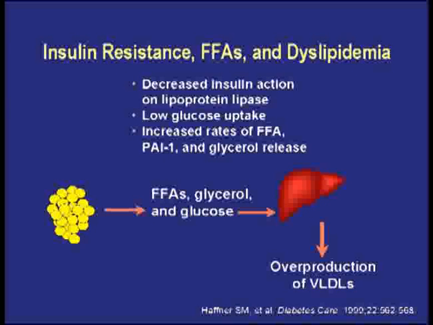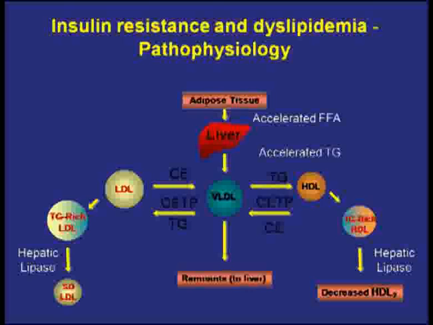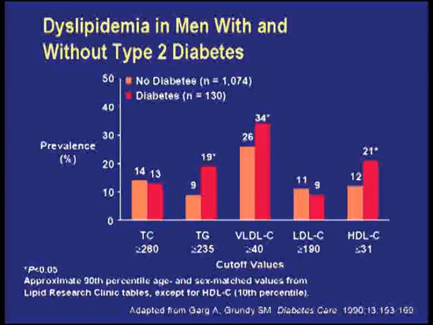Insulin resistance leads to fatty acid mobilization and dyslipidemia: decreased insulin action on lipoprotein lipase, low glucose uptake, increased rates of free fatty acid, PAI-1 and glycerol release. All this leads to overproduction of VLDL, which leads to atherosclerosis in hypertensive diabetic patients. Insulin resistance and dyslipidemia ultimately lead to decreased HDL2 and increased dense HDL particles, which leads to atherosclerosis.